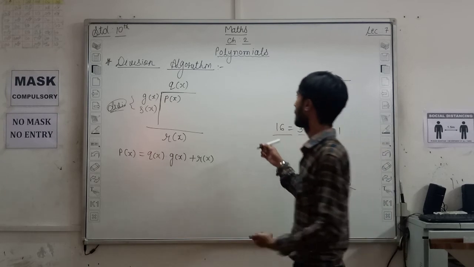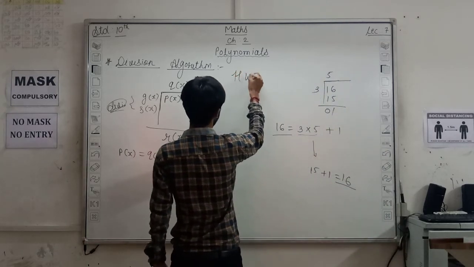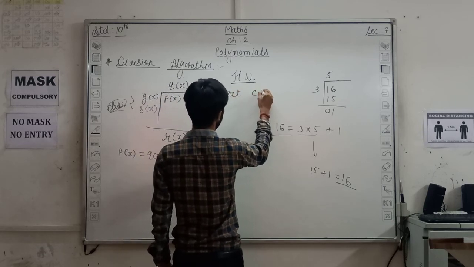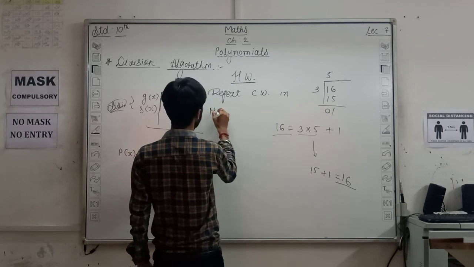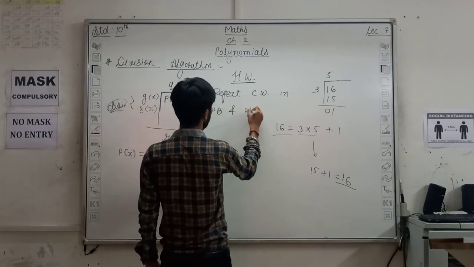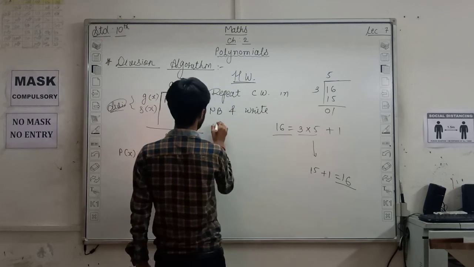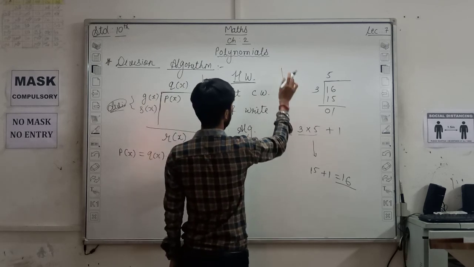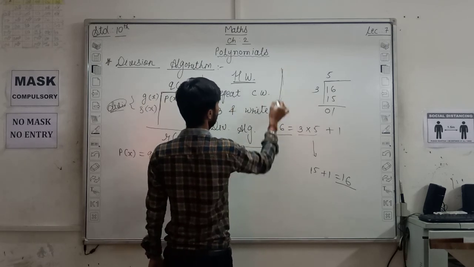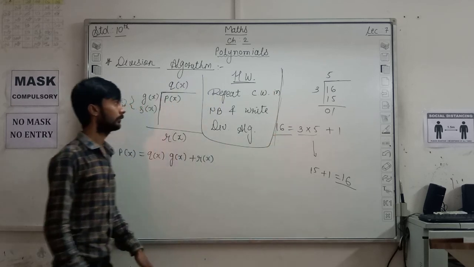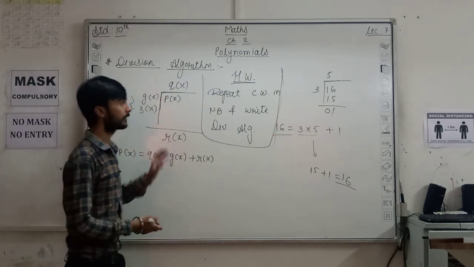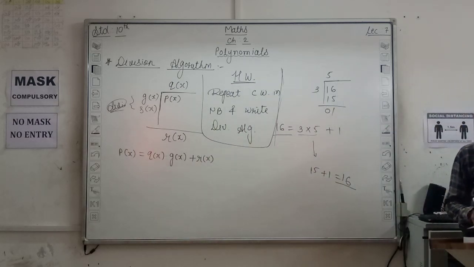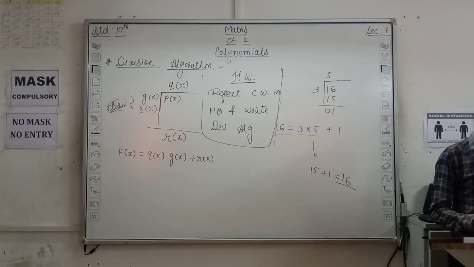So today's homework is: repeat the class work in your notebook and also write the division algorithm. So repeat the class work and write this division algorithm statement which is given to you on page number 34, with black highlighted bold words.